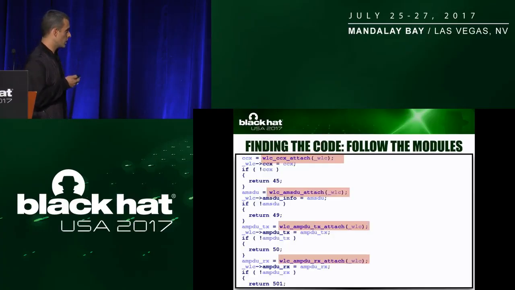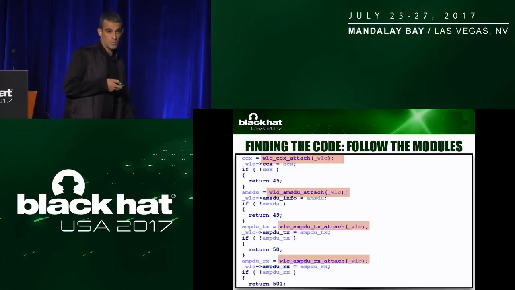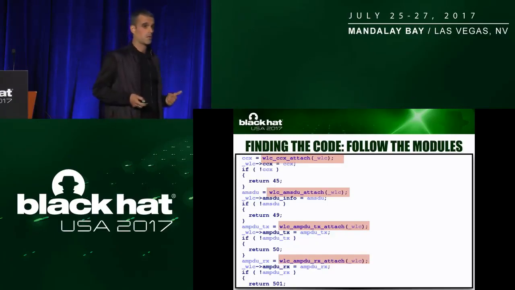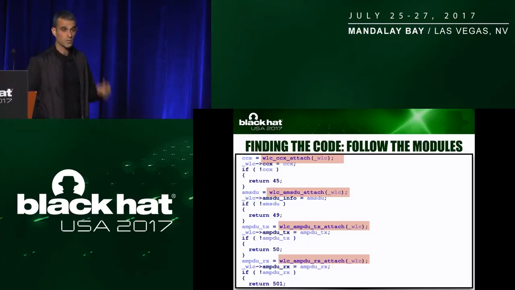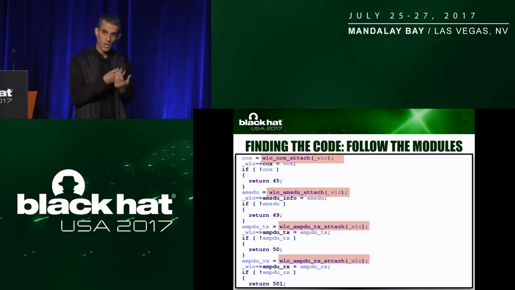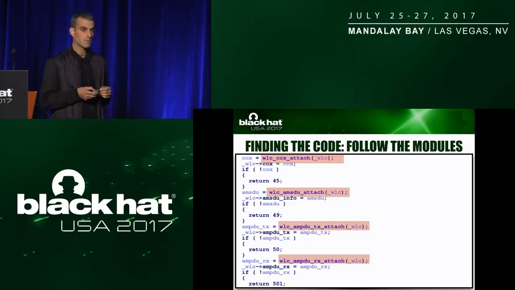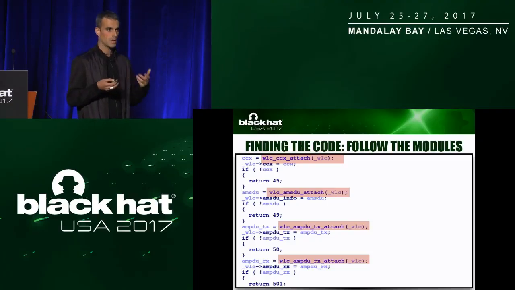So we wanted to narrow down our reverse engineering process to those specific places where we think that such bugs could be found, to places that actually handle the parsing of those particular information elements.